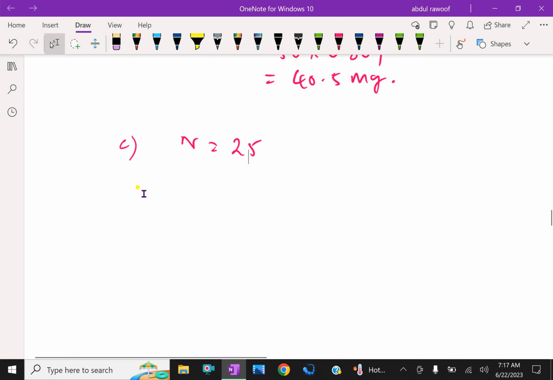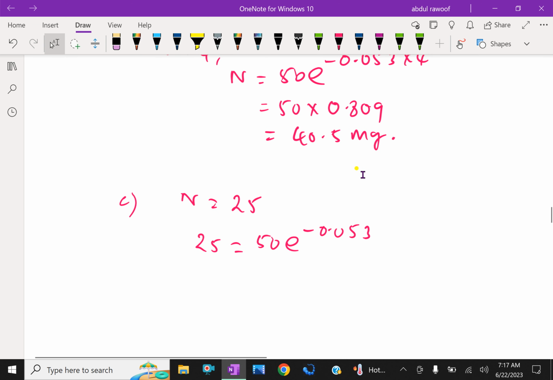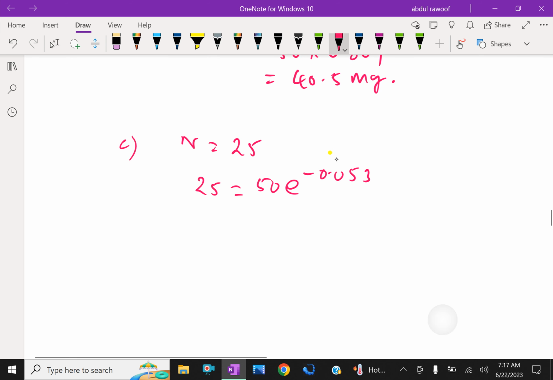Therefore, substitute N equal to 25. We have 25 equal 50 e power minus 0.053 t. We need t.